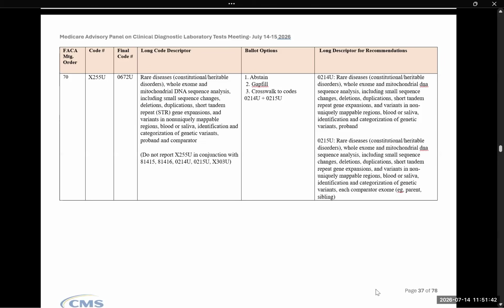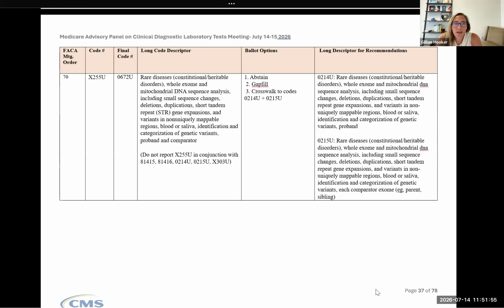All right, we're going back to genomic sequencing procedures. Our next code up is X255U with a final code number of 0672U, and Dr. Hooker will be taking these. Yes, 0672U is a whole exome mitochondrial DNA sequence analysis for rare disease, including deletions, duplications, STR, and done on blood or saliva.